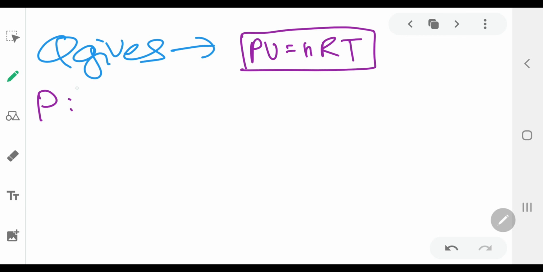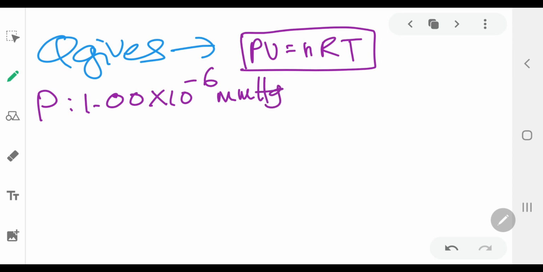Okay, so pressure is about 1.00 times 10 to the power of negative 6 millimeter mercury. Remember, when you look at the units of your pressure, you know that you need to do some conversion, because just now I explained to you, if you want to use PV equals to nRT, you need to make sure all of the units correspond to the units of your R value.